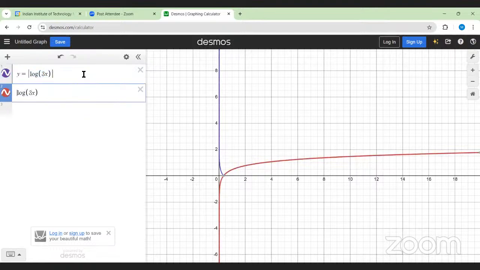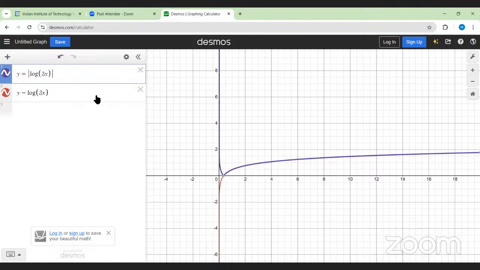Suppose this is another function. The original function is the yellow line behind this. As we take the mod, this whole negative part shifts toward the positive side. In the same way, something like if you put a mirror over the x-axis, you will get that this violet line is nothing but the mirror image of this particular red line.